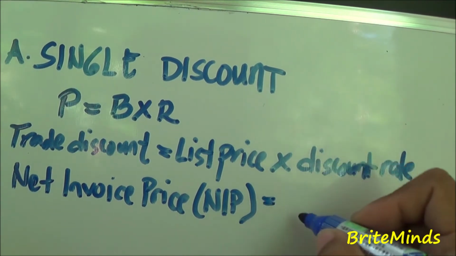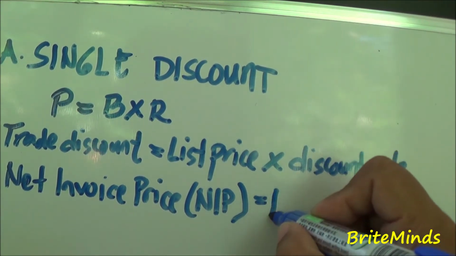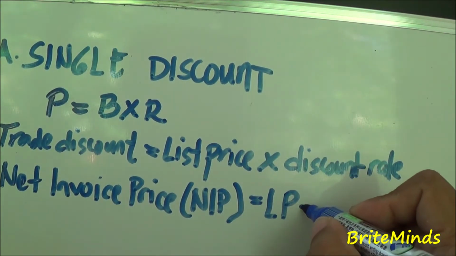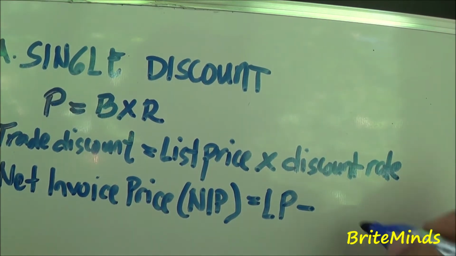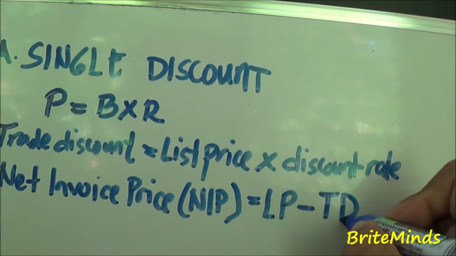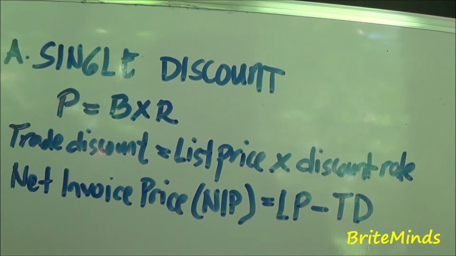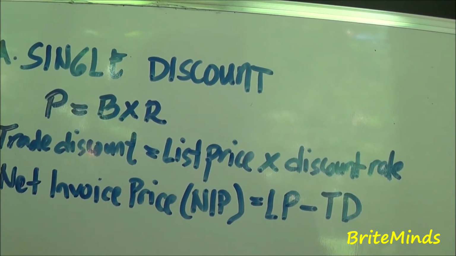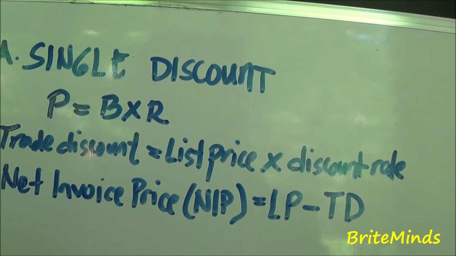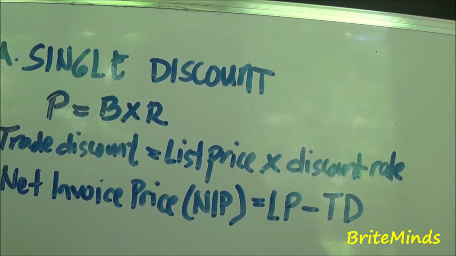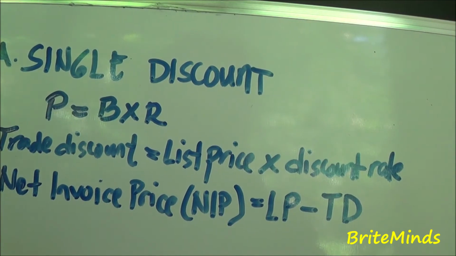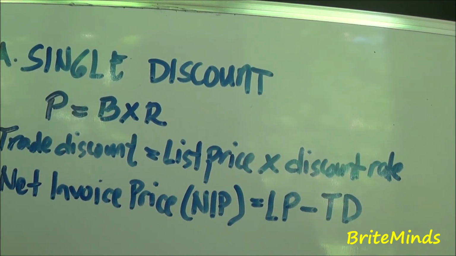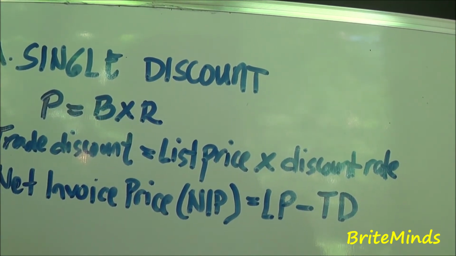Let's write LP for list price, less trade discount, or TD. That is the formula for finding the net invoice price. Remember this, students: trade discount equals list price multiplied by discount rate, and net invoice price equals list price minus trade discount.